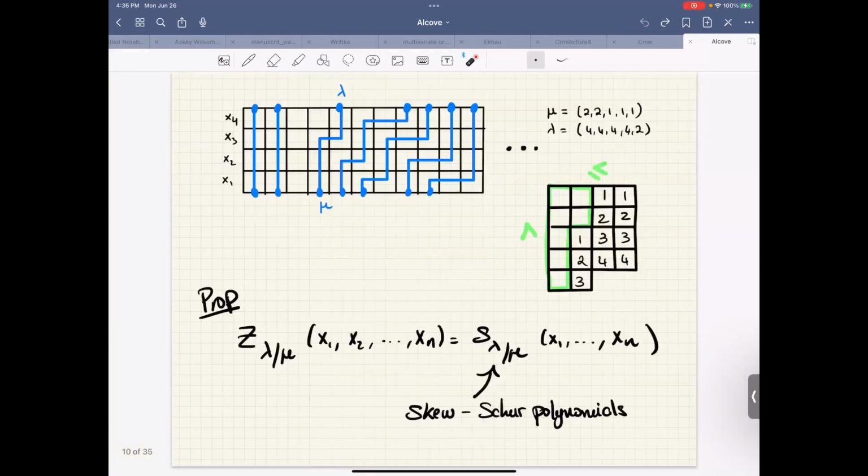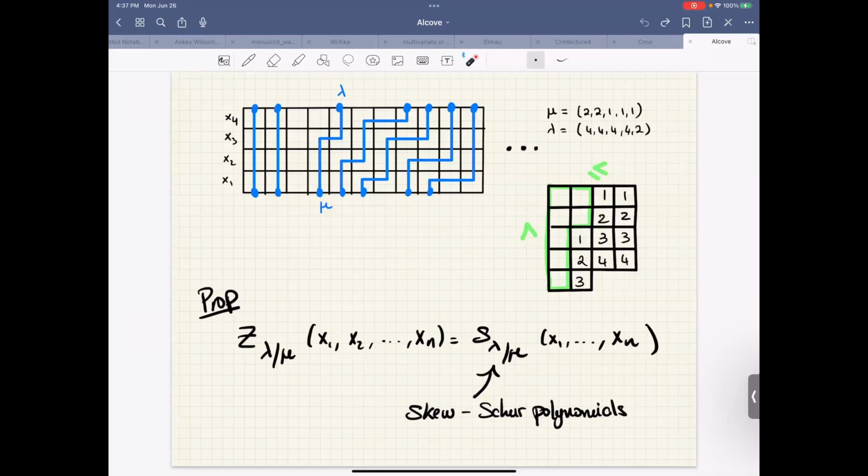And probably most of you know that already, this partition function is actually exactly the skew Schur polynomial in n variables x1 to xn indexed by the skew partition lambda over mu.